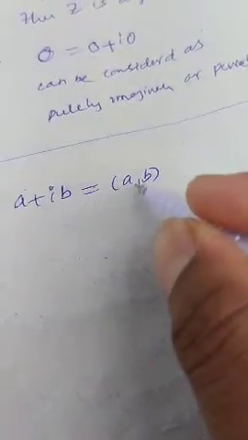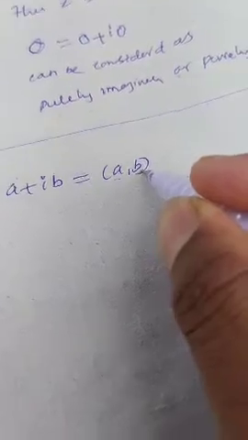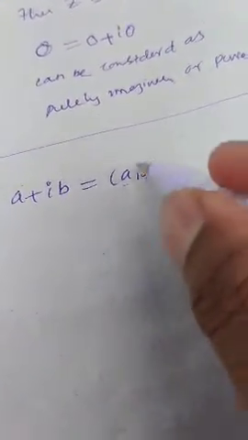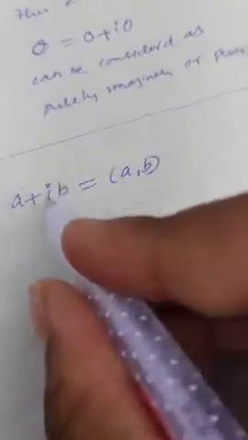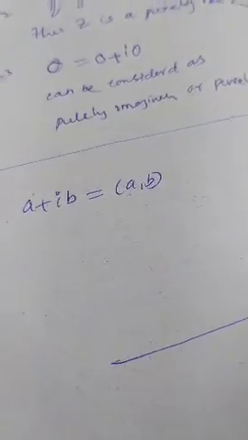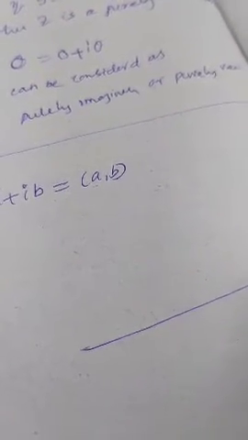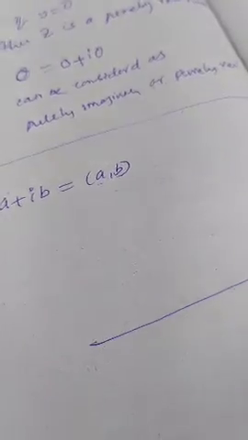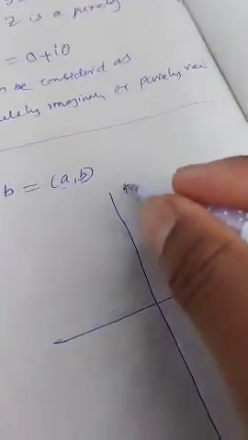But when you are considering a complex number as an ordered pair, here a is the real part, b is the imaginary part. When we are representing a complex number in the plane, we consider the x-axis as the real axis, and the y-axis as the imaginary axis.